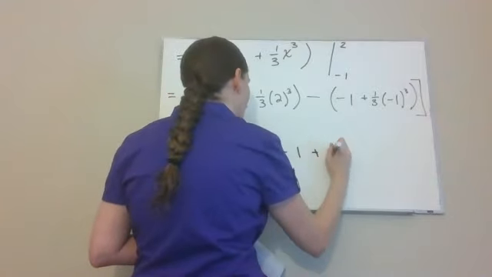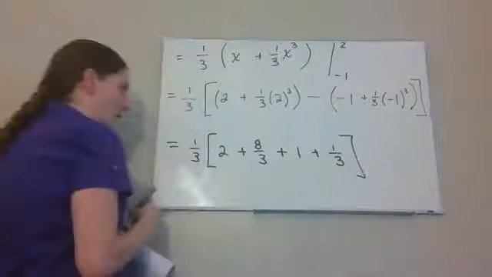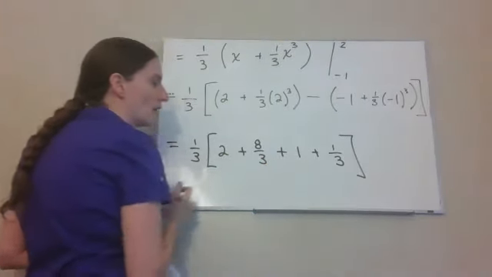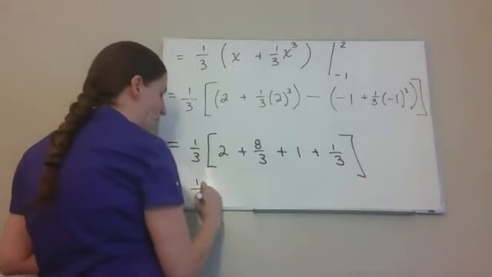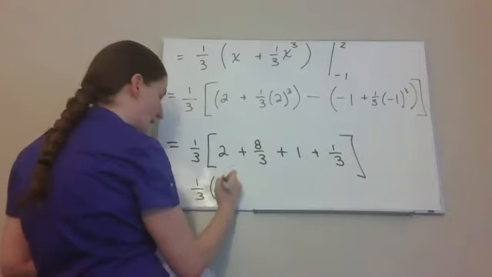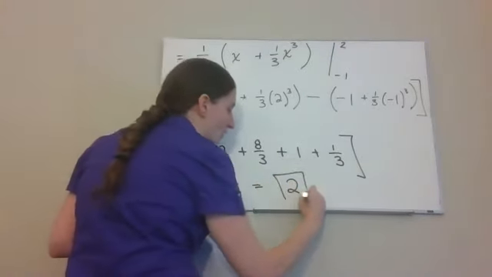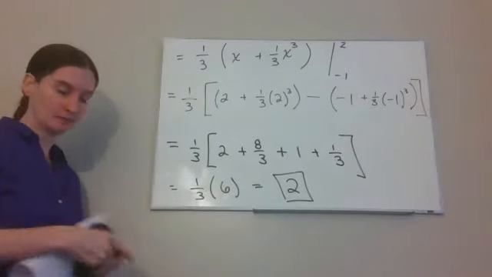So that's plus 1/3. So I have 2 plus 1 is 3, 8/3 plus 1/3 is 9/3, which is also 3. So this is 1/3 times 3 plus 3, which is 6. So I get an average value of 2 for that function on that interval.